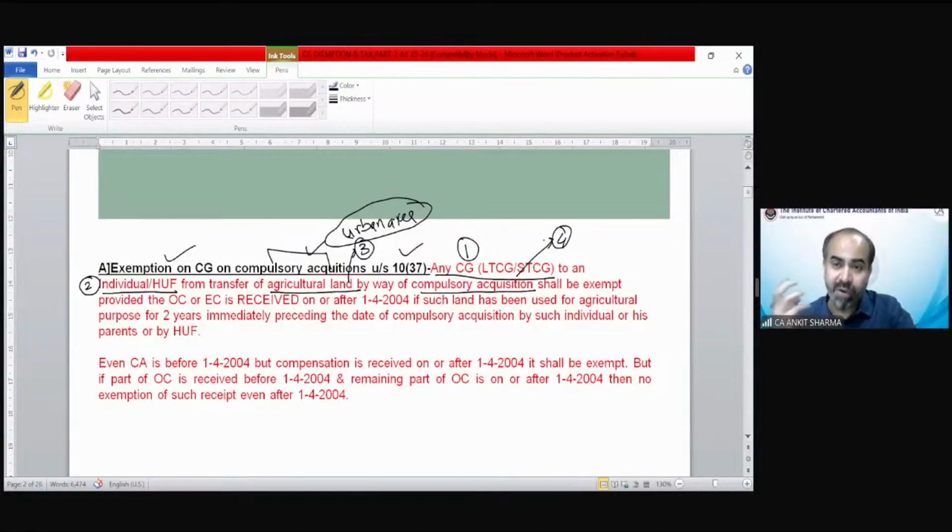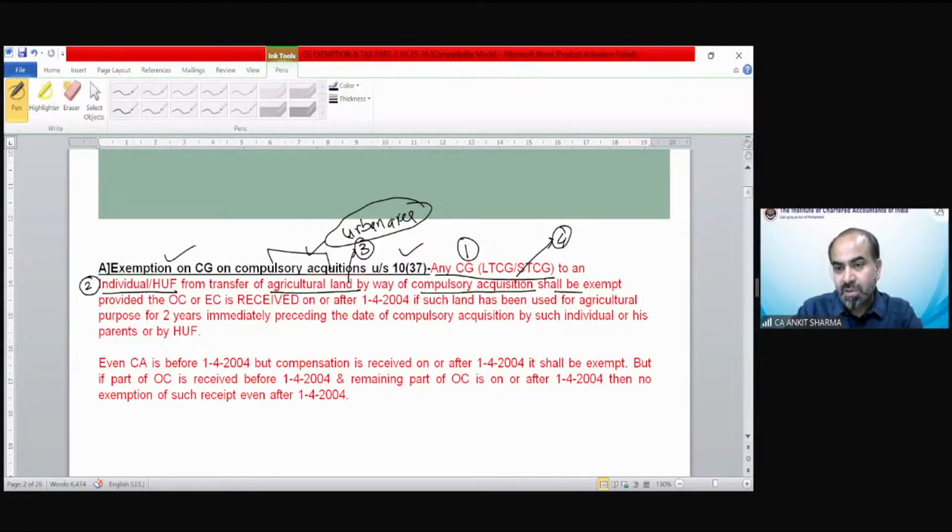If I am selling it to someone else, or exchange or relinquishment, etc., in that situation this exemption would not work. Exemption would work only if there is compulsory acquisition. Of course, because exemption is for OC and EC, and OC-EC will be only in case of compulsory acquisition.